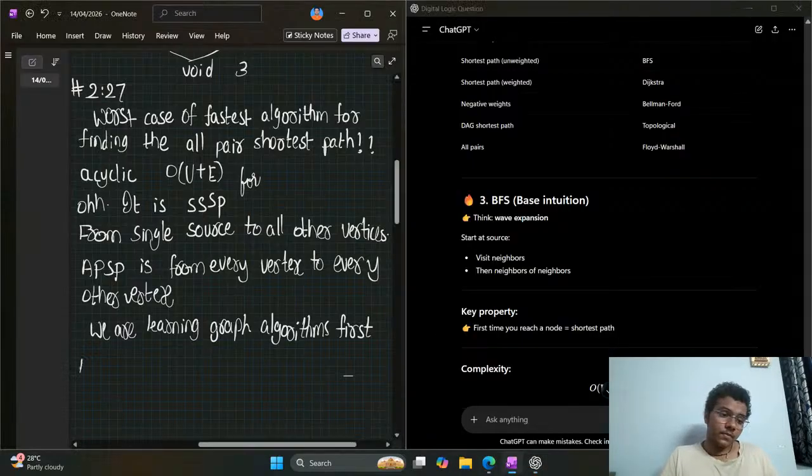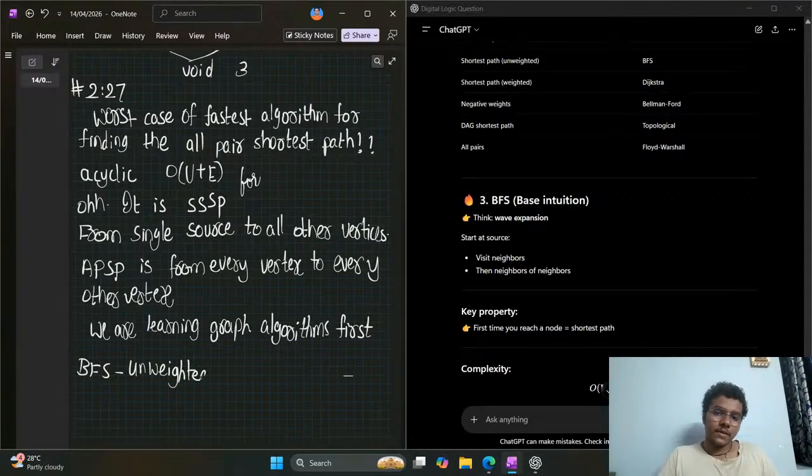Yeah, so BFS is unweighted, neighbors recursively.